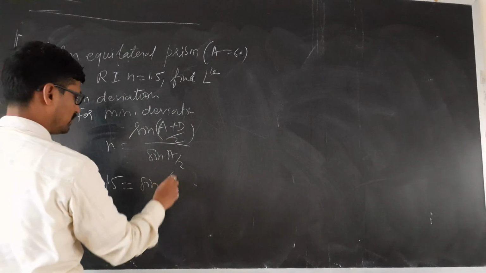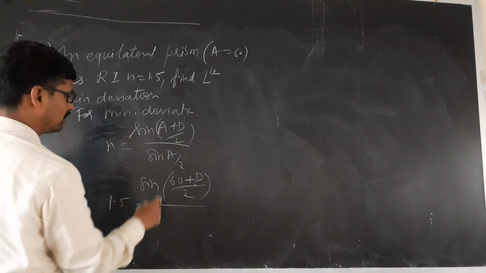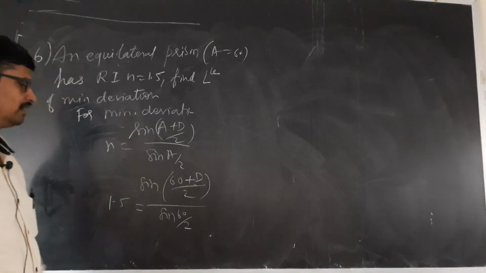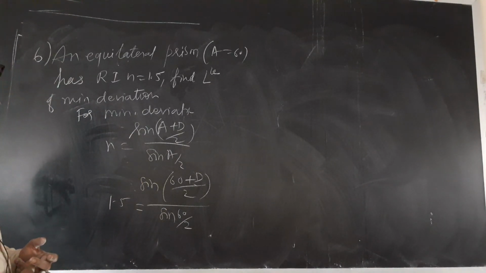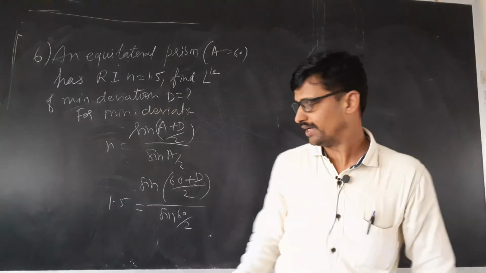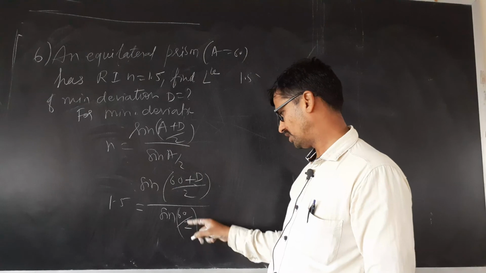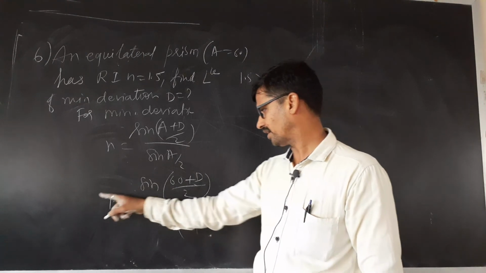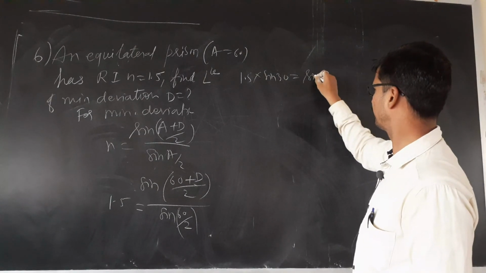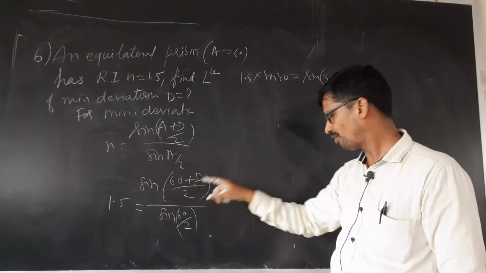So we will write sine of 60 plus D by 2 whole thing divided by sine of 60 by 2. Angle of minimum deviation D is the question. Keep on simplifying. 1.5 as it is, sine 60 by 2 will be sine 30, so 1.5 into sine 30 must be equal to sine of 30 plus D upon 2.